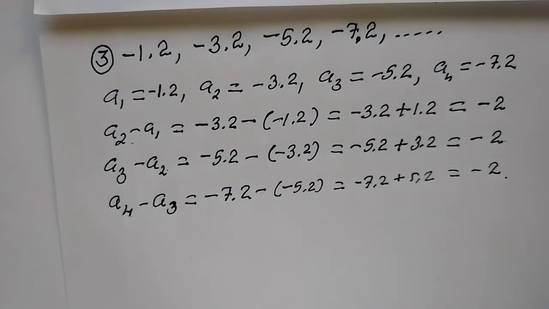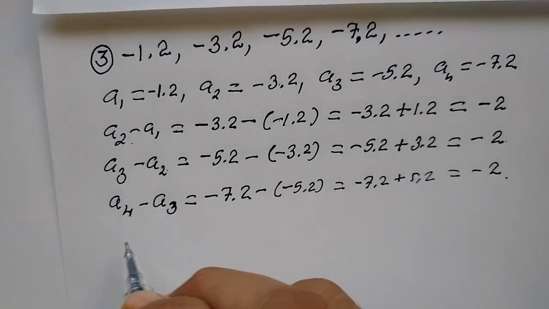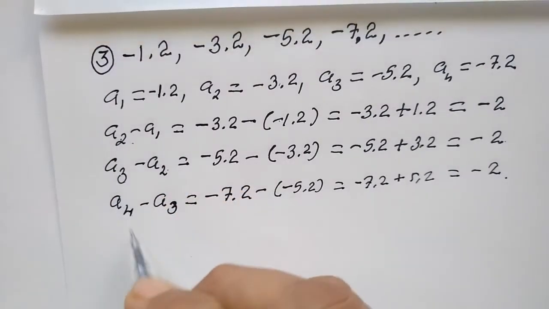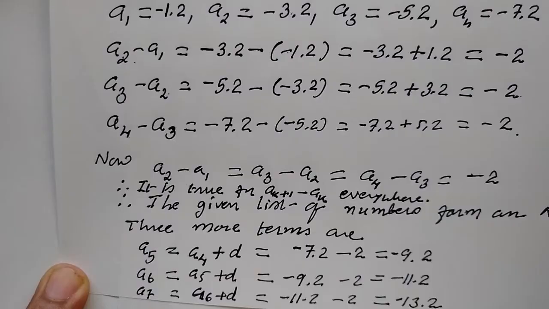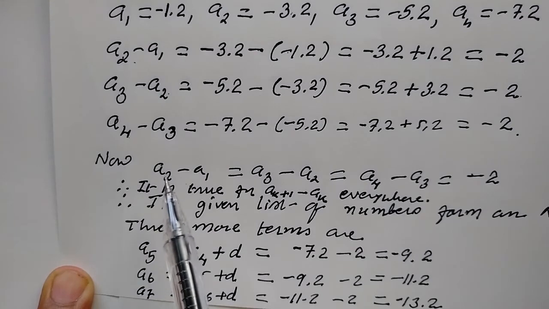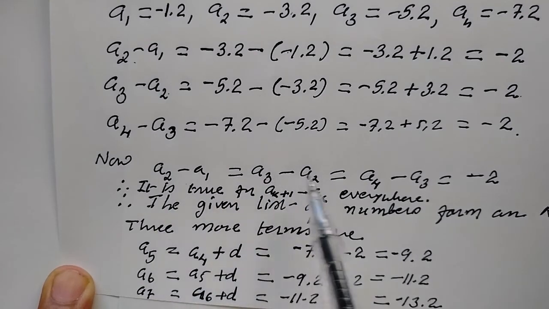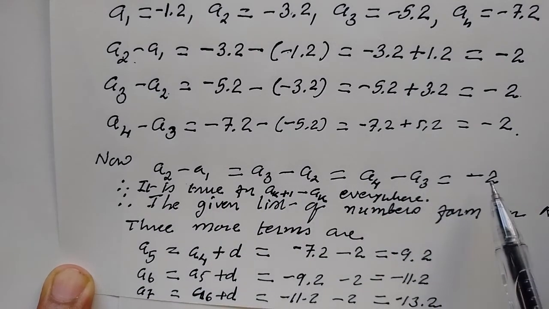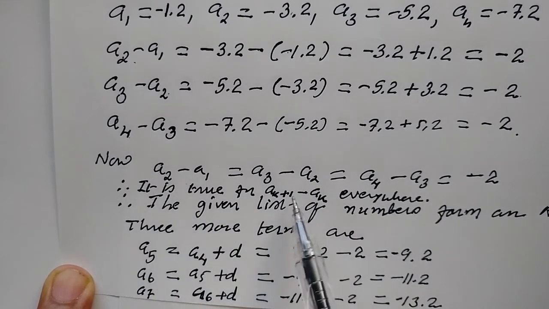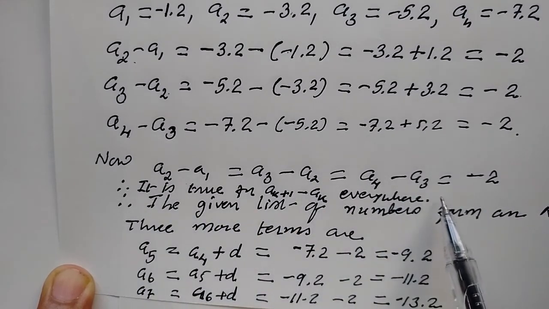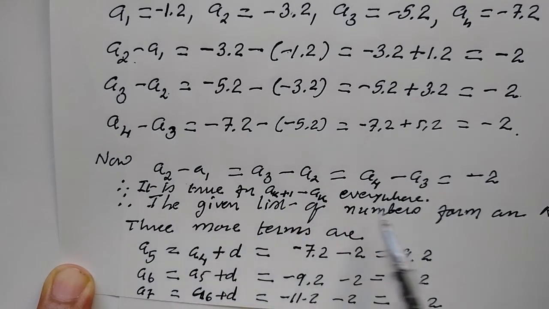Now children, what will you write? Here, these three are equal. So you will write this thing. Now A2 minus A1, A3 minus A2, A4 minus A3 equal to minus 2. It is true for AK plus 1 minus AK everywhere. Therefore, the given list of numbers forms an AP. 3 more terms we have to find. A5, A6, A7.